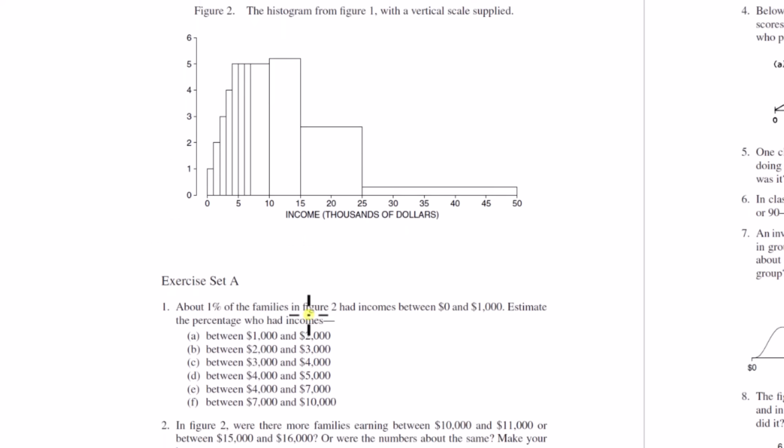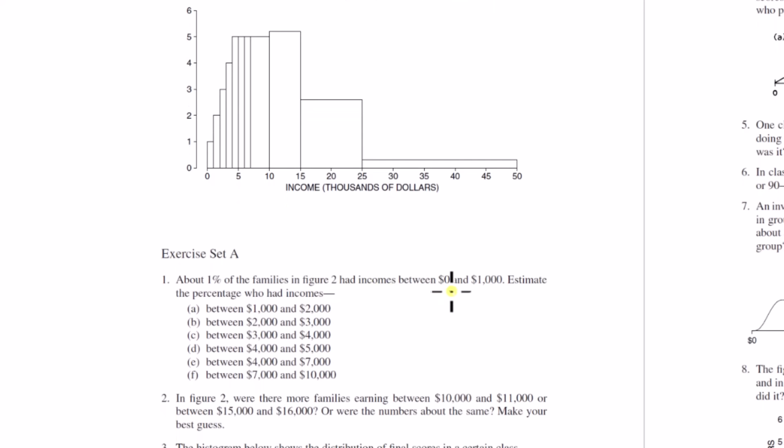About 1% of the families in Figure 2 had incomes between $0 and $1,000. Estimate the percentage who had incomes in all of these ranges. All right, so between $0 and $1,000, about 1% of the families were in this interval. Now, we know that for any histogram, the area of a block represents the percentage of data points in that block.